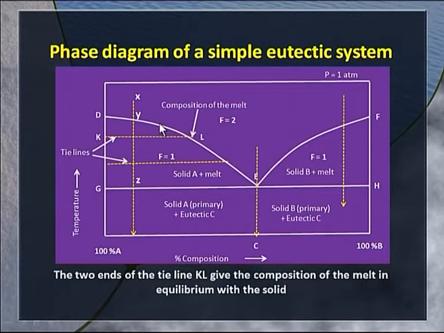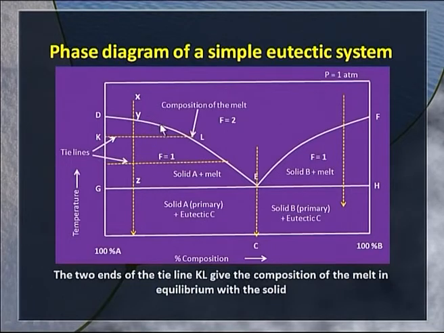That means the melt becomes poorer in A as A is removed as solid, and the melt becomes, on the contrary, richer in B. So, we were having 2 degrees of freedom till Y. At Y, when there are 2 phases, we lose 1 degree of freedom, F becomes equal to 1, and from this onwards cooling is allowed, because we have 1 degree of freedom still left with us. And as cooling takes place along the line YZ, more and more of solid A comes out.